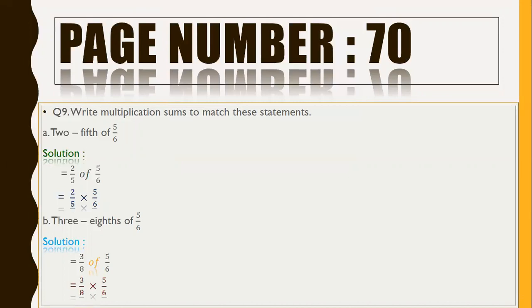So according to 3 eighths, the fraction is 3 over 8. 3 over 8 of 5 over 6, 'of' means we apply here which sign? Multiply sign. We write here 3 over 8 multiply 5 over 6. No need to multiply exactly the answers, we only represent symbolically that two fractions are here with a multiplication sign.